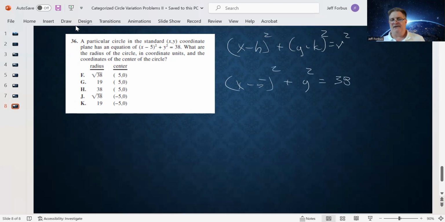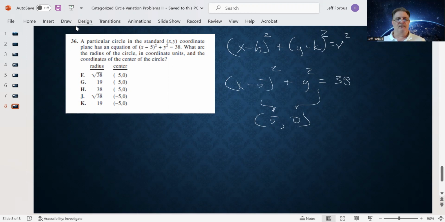Now, there's no k value here, so that means the k value was 0. So when there's no k value, we know there's a 0. When there's no h value, you know that's a 0. So in this case, our h is a 5, and there's no k, and so that implies 0. So the center is 5, 0. And that's pretty obvious because in F, G, H, J, K, they give you the option 5, 0 or negative 5, 0. But now you know it's positive 5, 0.